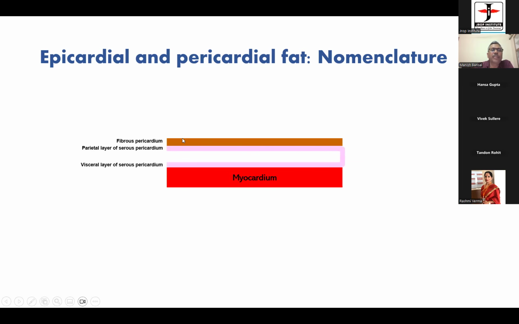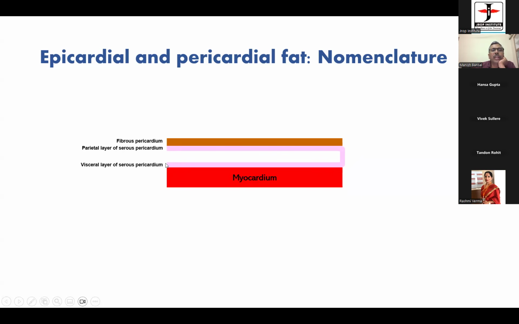This is fibrous, this is serous. Serous pericardium has two layers, visceral and parietal. These two layers are continuous with each other, and the serous layer winds around the origins of the great vessels to continue along the myocardium. So that is how we get two layers of the pericardium.